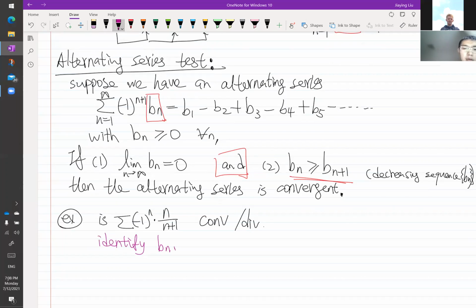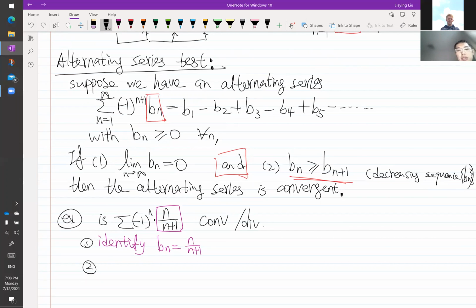If we put away the -1 to the nth power and just focus on bn, that is equal to n over n plus 1. That's step 1. Step 2 is that we try the two conditions. Let's start with the limit and then look at the second condition.